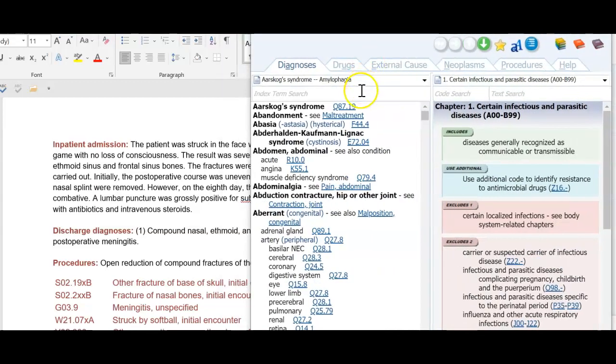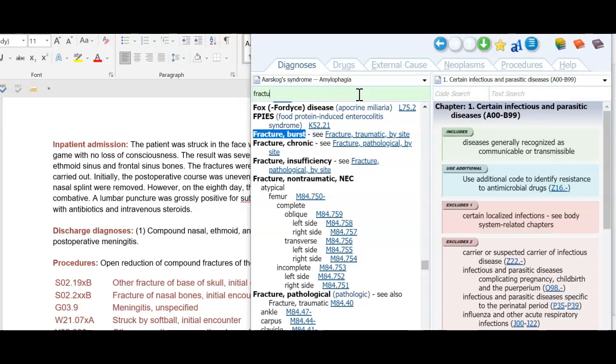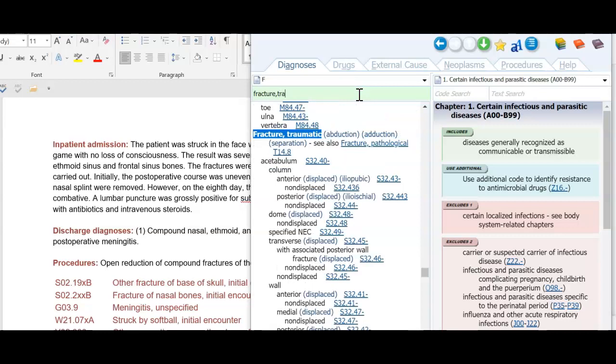Once you look up fracture, one thing to remember is you want to go to traumatic. The only time you don't use traumatic is if it's pathological. Pathological means the bones are getting weak, and you don't want to go with that. So we're going to go traumatic and then comma, skull.